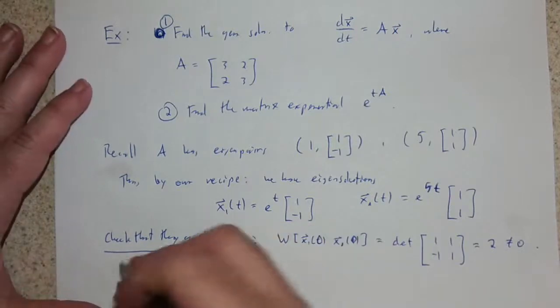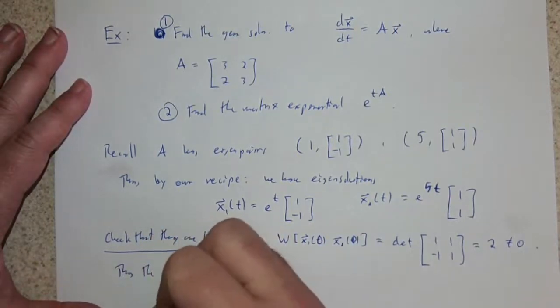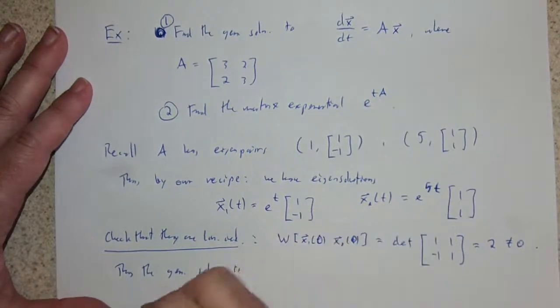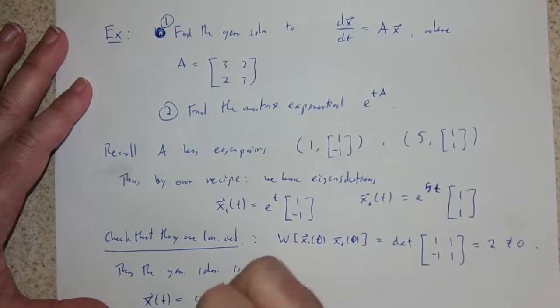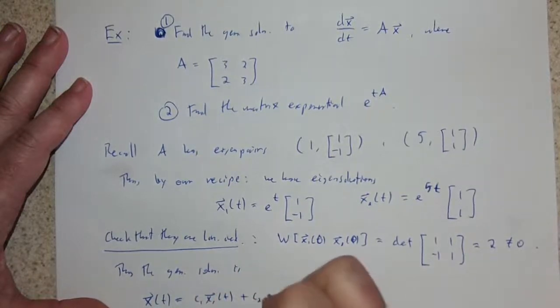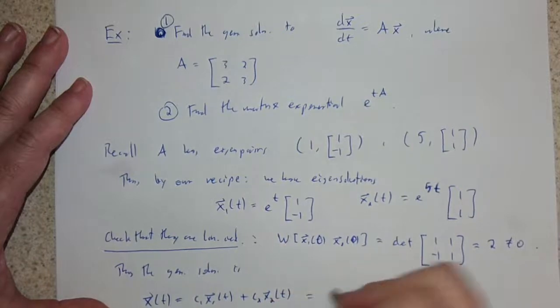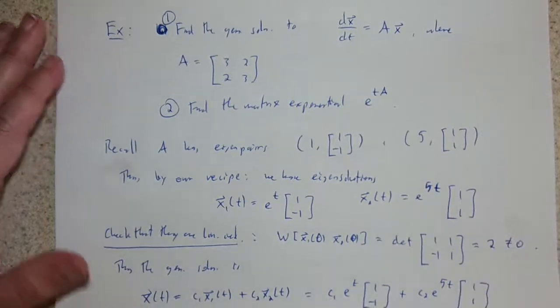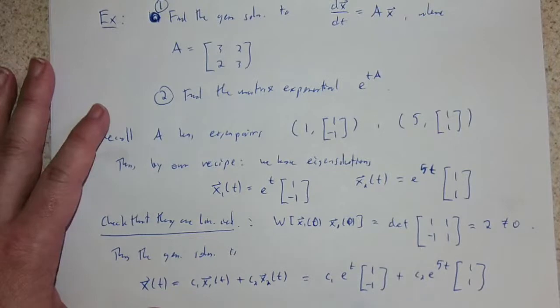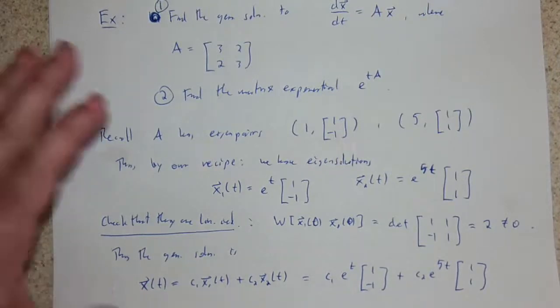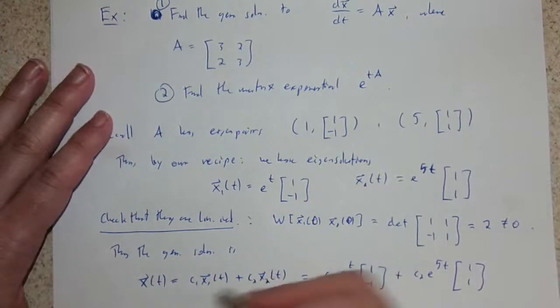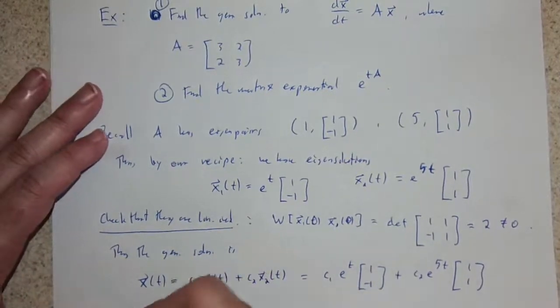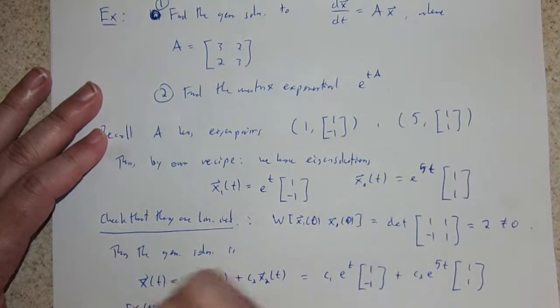Thus, the general solution is x of t, which is c1 x1 of t plus c2 x2 of t, which is c1 e to the t times (1, -1) plus c2 e to the 5t times the vector (1, 1). Of course, you could multiply these out if you really felt like it. If you did that, let's rewrite this as a vector equation. The left-hand side is x1 of t, x2 of t.